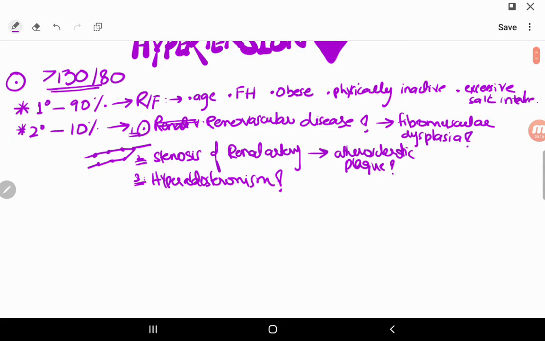Okay, now moving forward, now that we know the difference between primary and secondary hypertension, you can very easily answer your questions. If you're given in a question stem a patient who's young and has hypertension, okay, and you're given like 4 or 5 options, you should be looking for the option that has secondary hypertension.